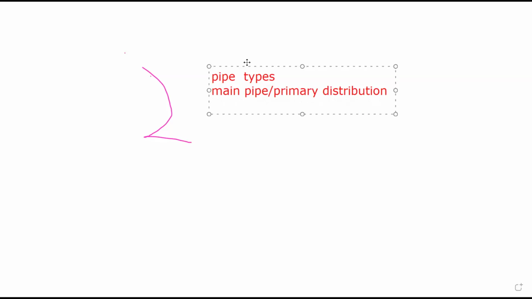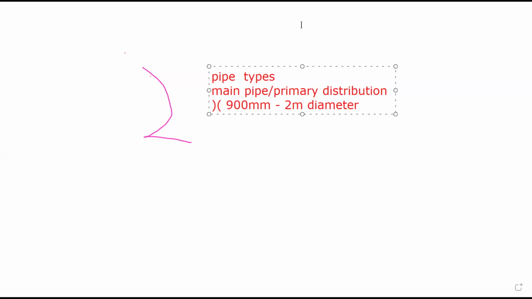The second one is called the secondary. Sometimes the main, like in the case of Abuja, can be from 900 mm to 2 meters diameter. The one that you see in Abuja now, as far as I know, is 1.2, 1.5 for the main.